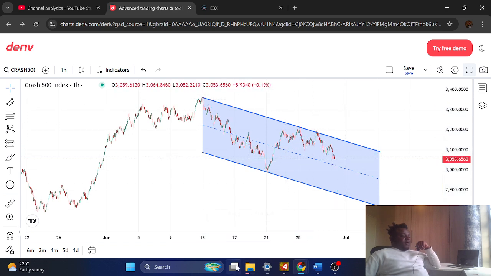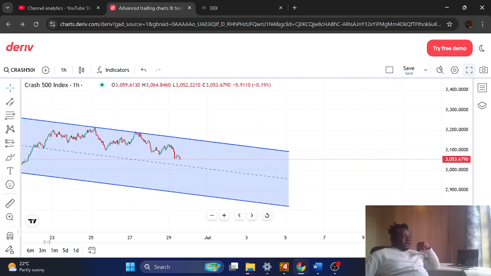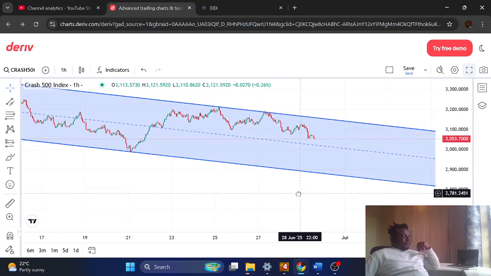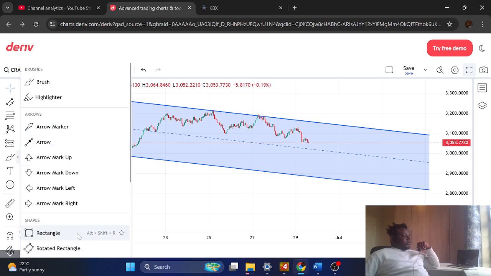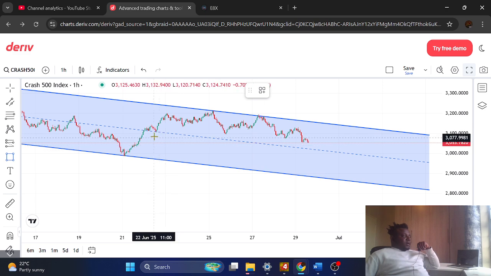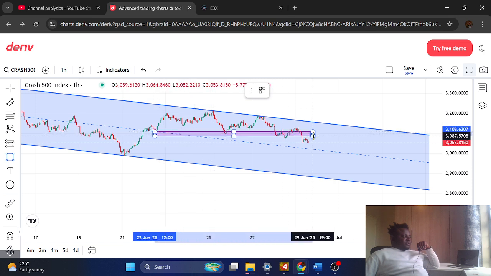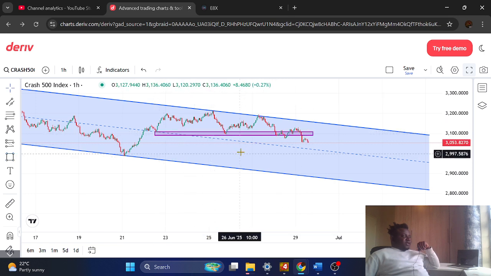Okay, so now we are looking for the perfect entries. So we zoom into the market. Now we take our rectangle. Our rectangle will mark all strong support zones. As you can see, this was a very strong support zone. It will be marked here. It has already been respected and retested.